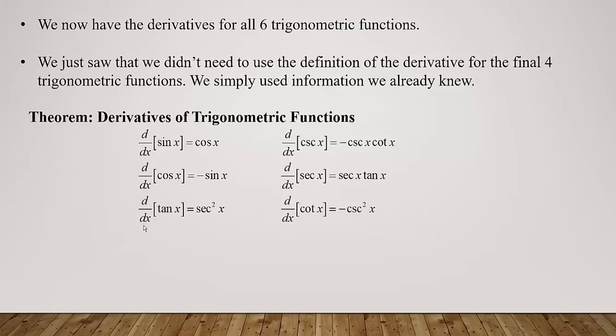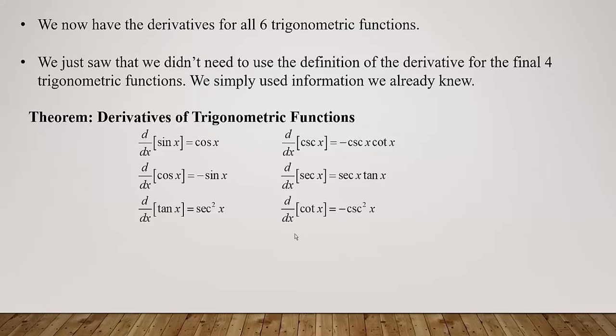So I committed to memory here that the derivative of tangent x is secant squared x. That gave me for free that the derivative of cotangent x, the cofunction of tangent, equals the cofunction of secant squared: negative cosecant squared x. I just had to remember that there would be a negative sign.